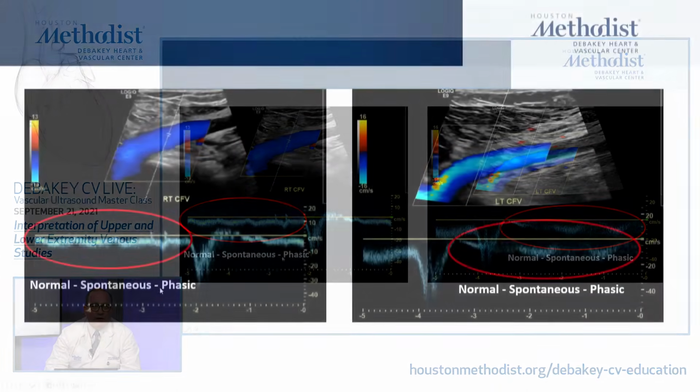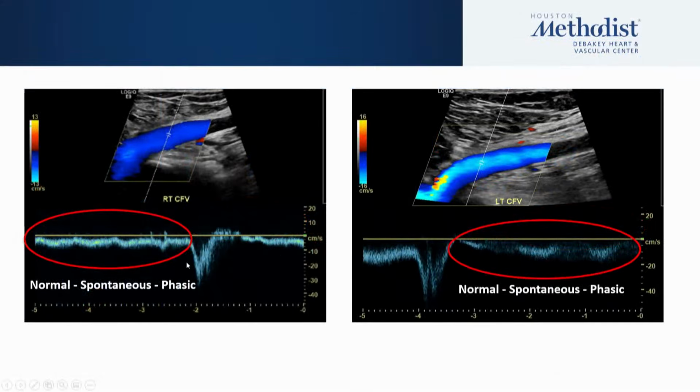So let's look at the spontaneous flow of blood in the lower extremity. There's some phasicity, unlike the upper extremity, where you had the sort of seesaw, which was a normal finding. The seesaw is not necessarily, and I say necessarily with a little caveat, because it can be normal, especially in young patients. But there are some characteristics that may suggest potentially some valvular disease, and we'll talk about those.